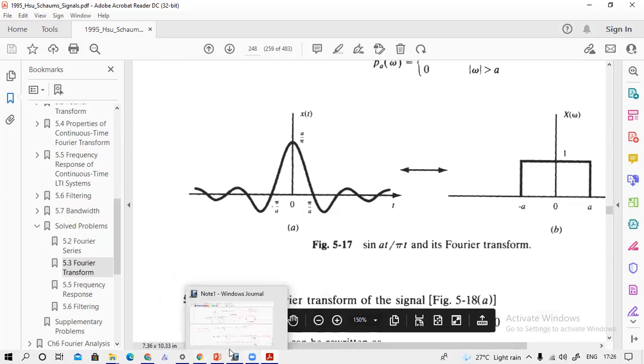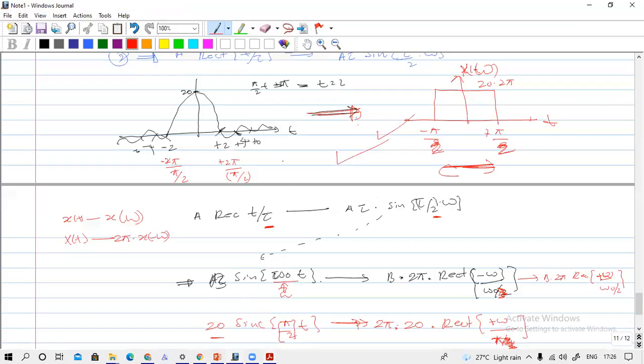So here you can see that I just converted this. Here it is in the form of minus 5 by A to plus 5 by A, and the amplitude is A5.